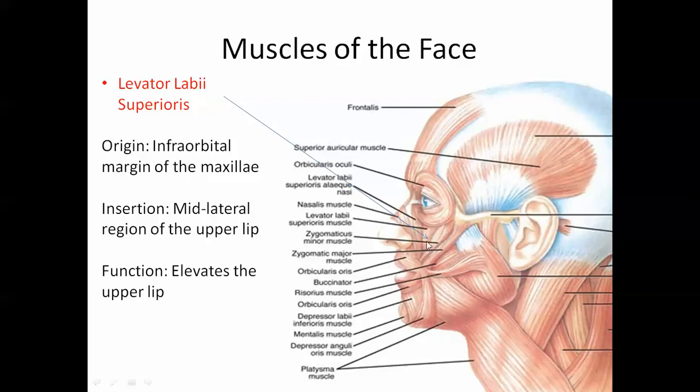You'll see that the fibers are running lengthwise this way. And labii means lip, and superioris is above, right? So this is the muscle that elevates the lip from the superior direction, from above the lip. So it tells you exactly where it is and what it does, and it elevates the upper lip.